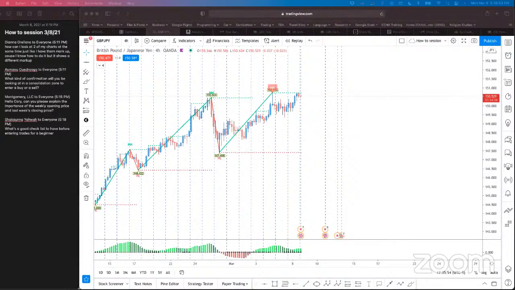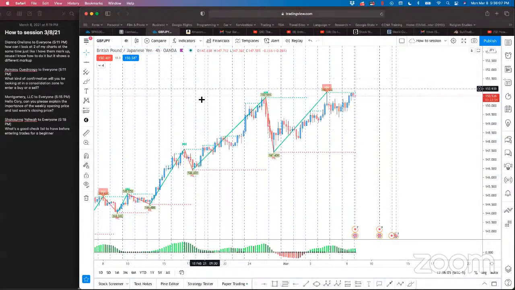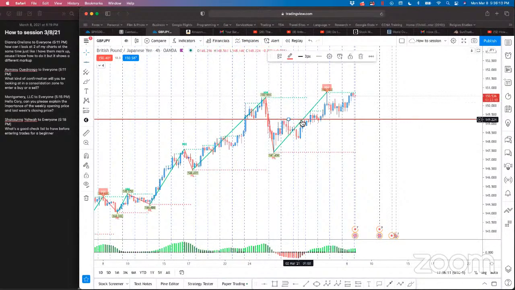So if I am trading inside of a range, first of all, I'm going to be trading from a higher time frame range on the lower time frame.